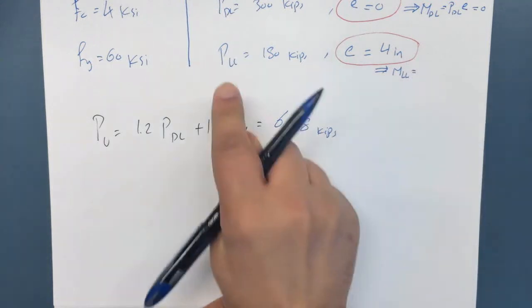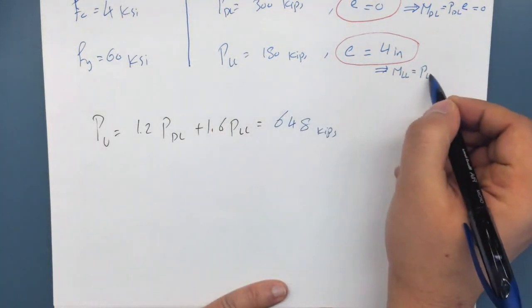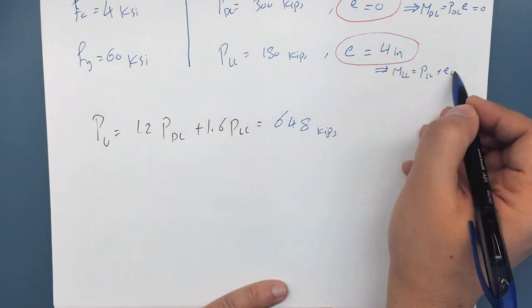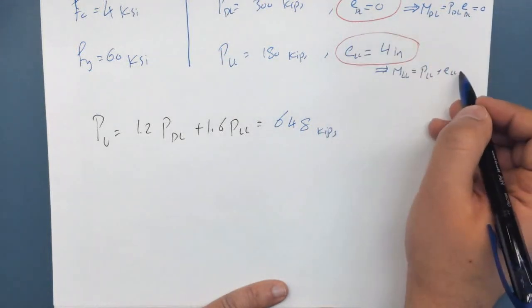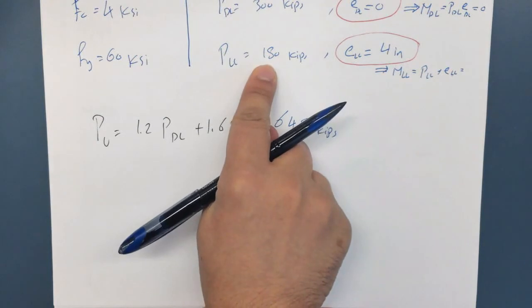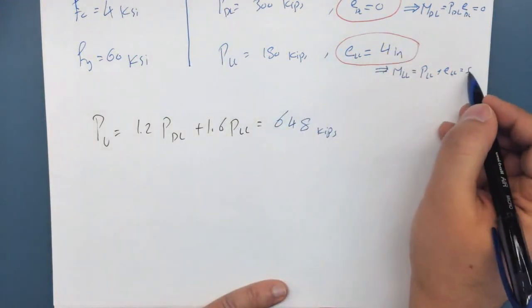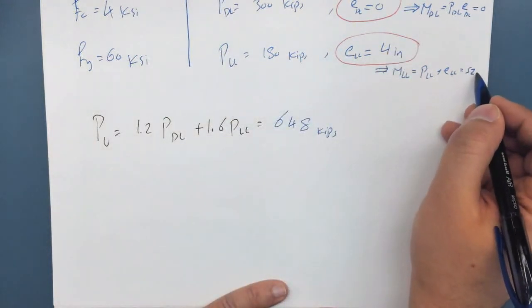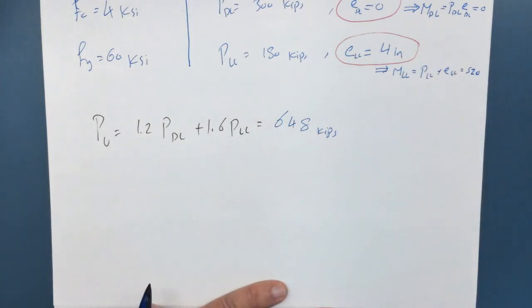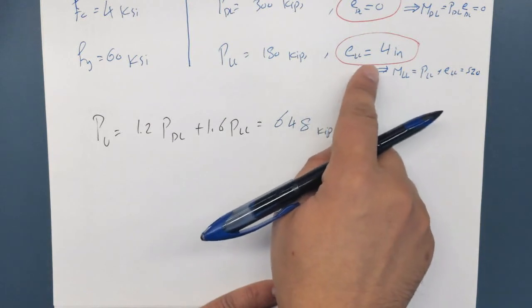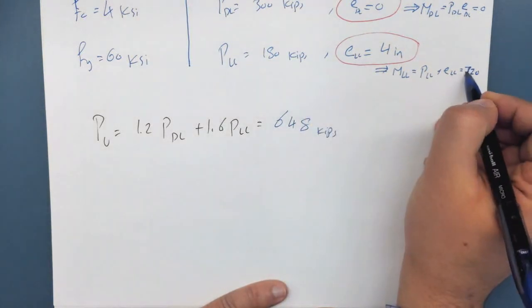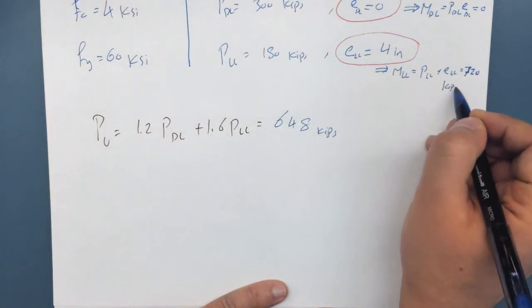The moment due to the live load is simply P live load multiplied by the eccentricity of the live load, which gives you 180 multiplied by 4, which is 720 kips inches.